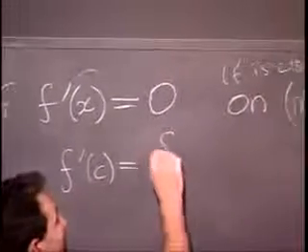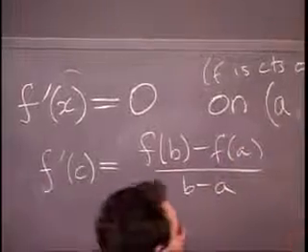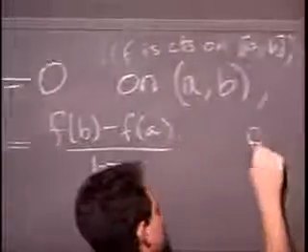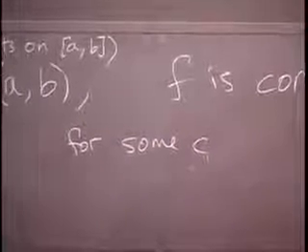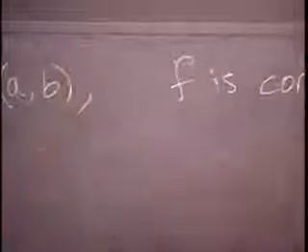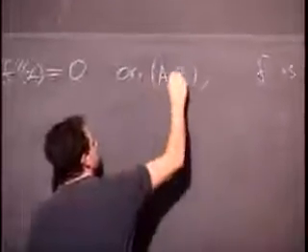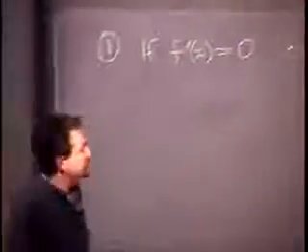So we know f prime of c is f of b minus f of a over b minus a. Actually, I have to be a little more careful here. Sorry. I'm going to start again. I'm going to change this to capital letters. Sorry about this. I just want to make sure I say it right. Okay. If f prime of x equals 0 on capital A to capital B, then f is constant.